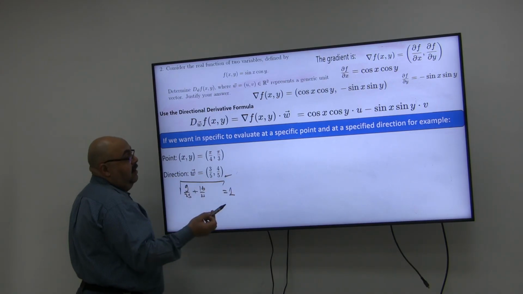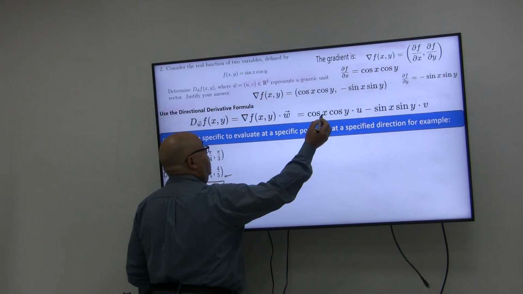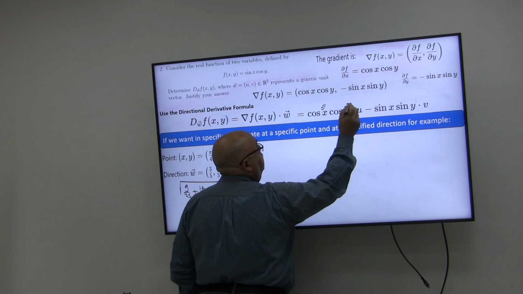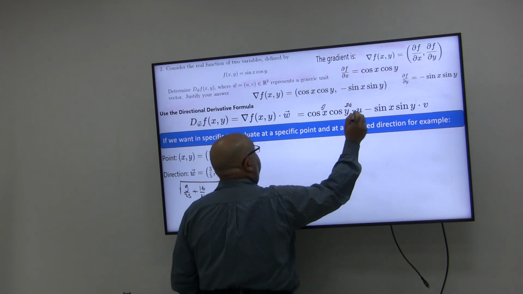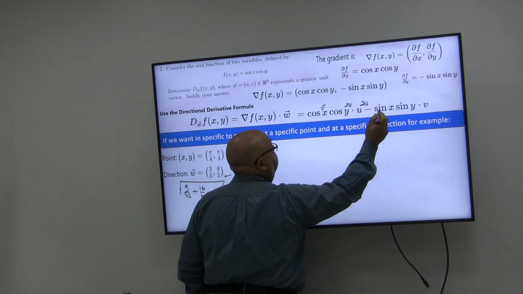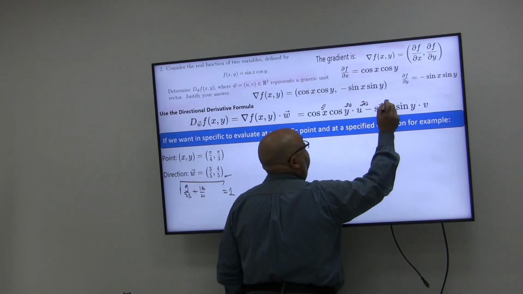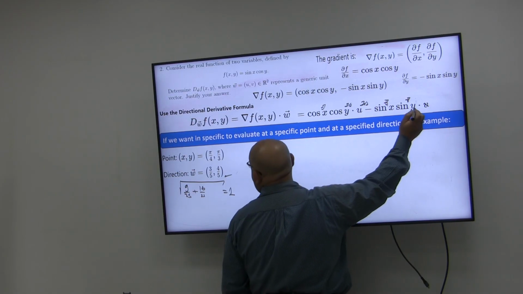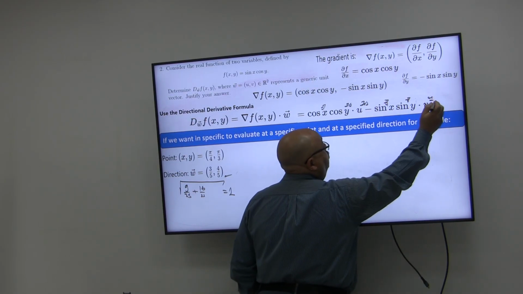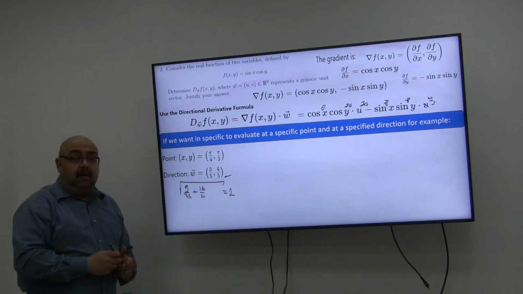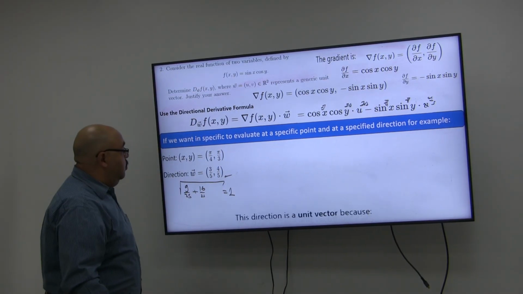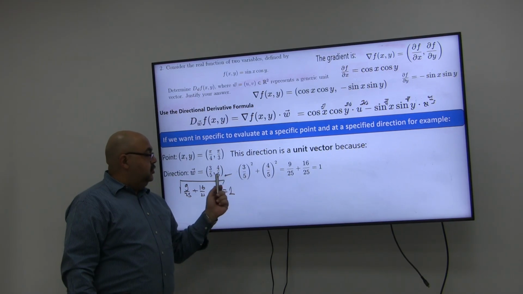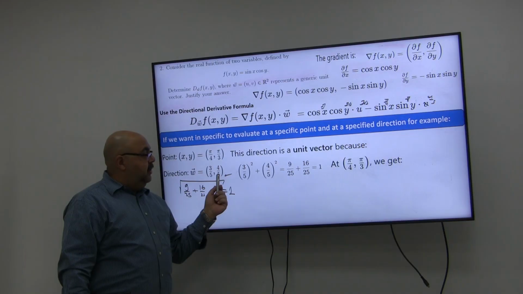Okay, so all I have to do is find cosine pi over 4, this is pi over 3, and the value of u is 3 over 5, sine of x, same way, at pi over 4, this is at pi over 3, and the value of v is 4 over 5. Direct substitution. Now I will get the value. So once more, the direction unit vector, this is equal to 1, so I'm checking the unity of my unit vector.